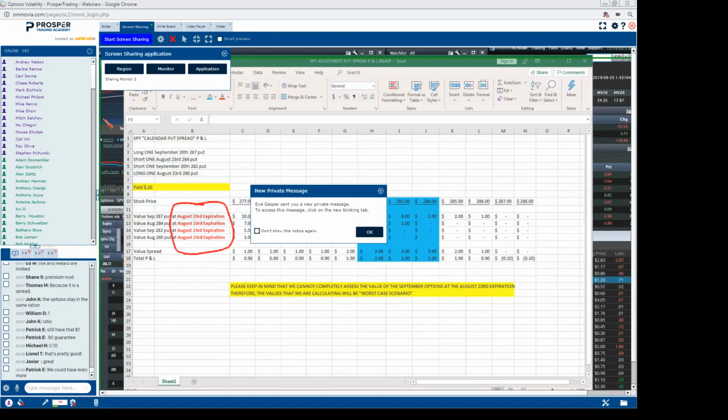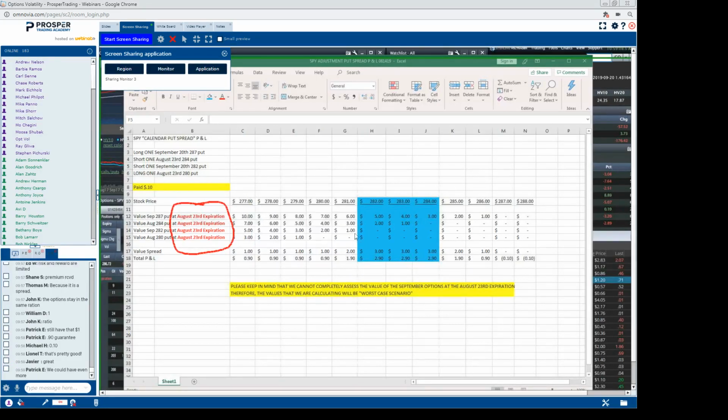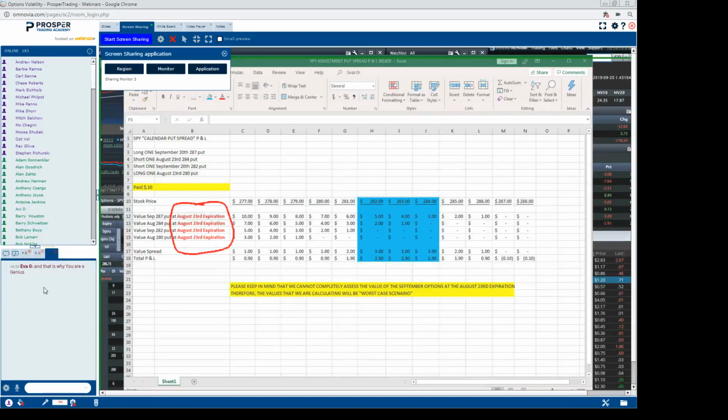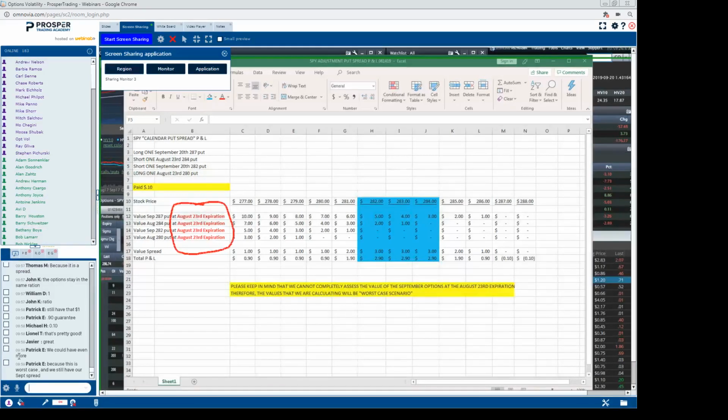So what else could happen here? Exactly, Patrick. This is a worst case. I love this scenario if this is my worst case. And we still have the September spread.